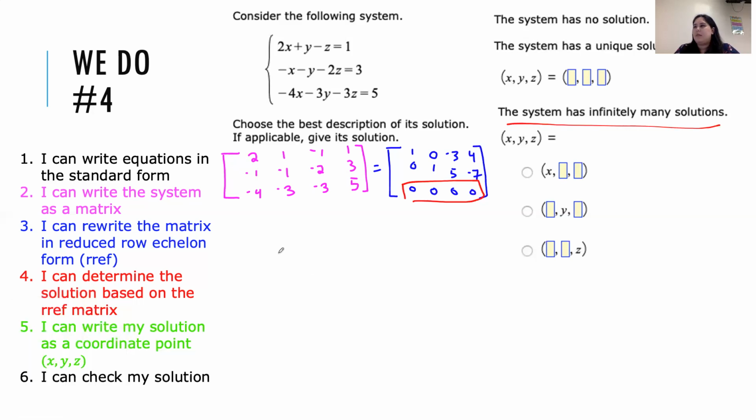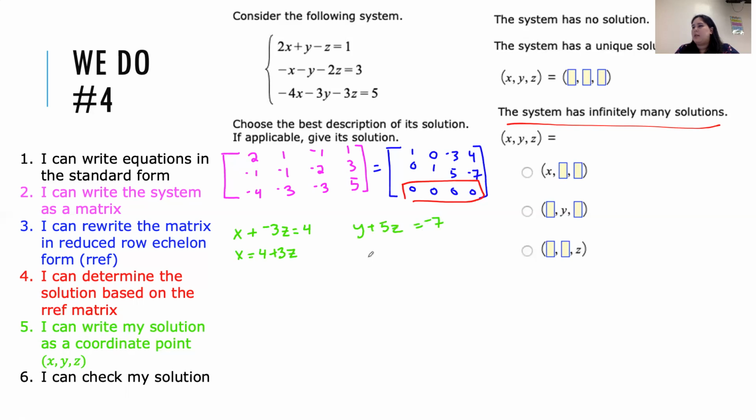So we have x plus -3z equals 4. So I can get x equals 4 plus 3z by adding 3z to both sides. And then y plus 5z equals -7.